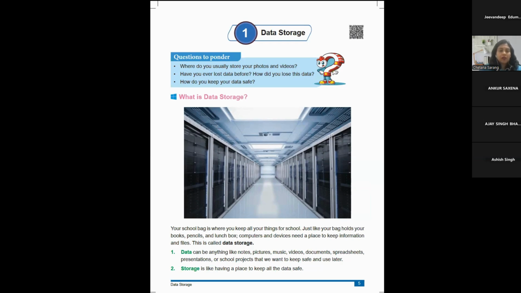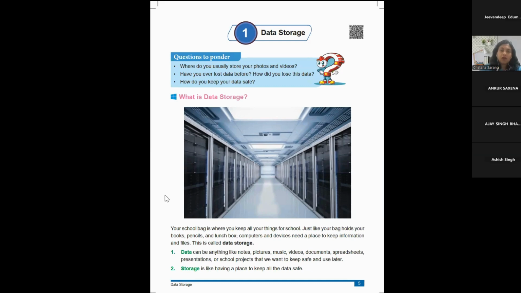These are the typical type of data that we deal with every day. And storage is a place where we actually save them and are quickly able to retrieve it. So they might end up saying that they store their data on computers, or pen drives. So there are many examples that we can give them.